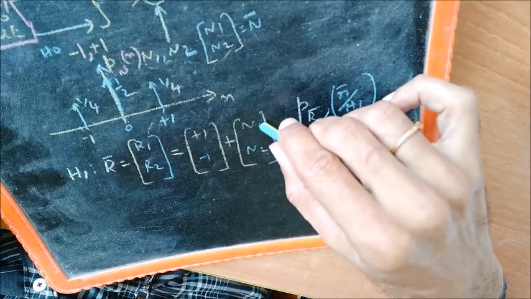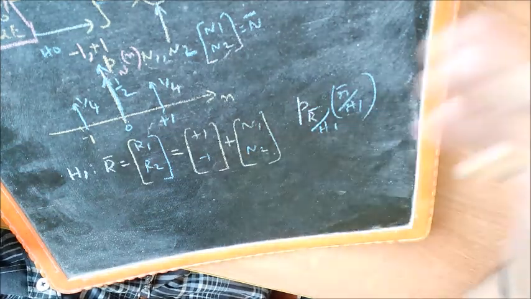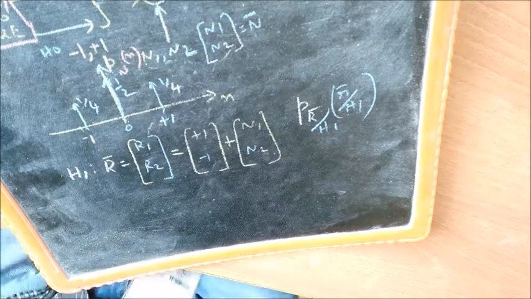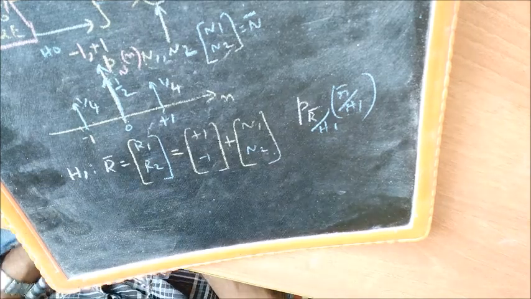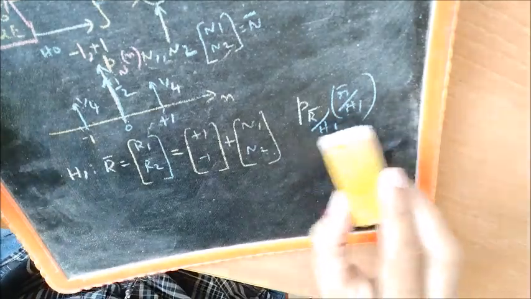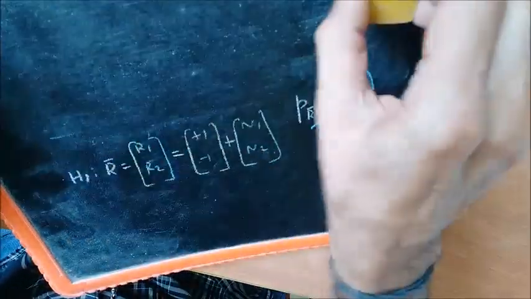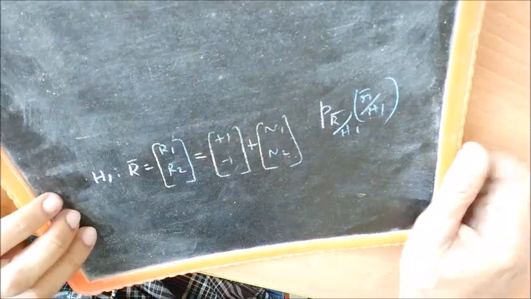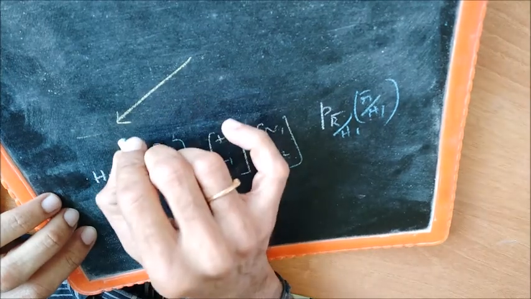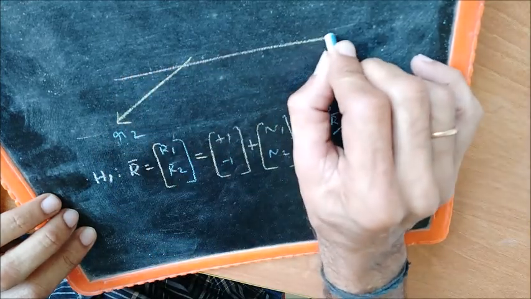When n1 is plus 1 and n2 is 0, you will get 2, minus 1, and so on. So like this, you have 9 possible values. These 9 possible values we can show in a 2-dimensional space with R1 and R2 as axes, and we can show the 2-dimensional conditional density function of R given H1 is the true hypothesis. I will show that here now. You have to verify for yourself how these values are actually arrived at.